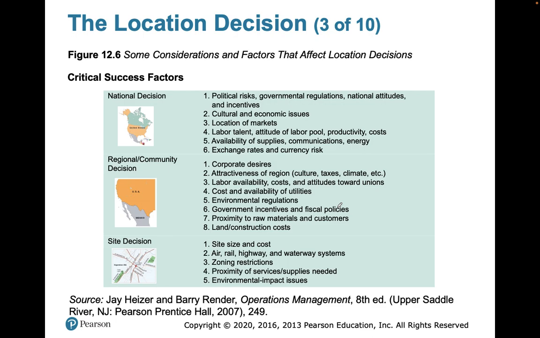Still on the location decision, here are some considerations and factors that affect it. We're going to look at these as critical success factors. For example, for a national decision, you want to locate probably in a state or a country. If you want to open your business, you should think of the political risks and government regulations.